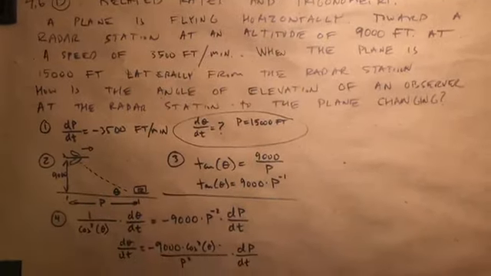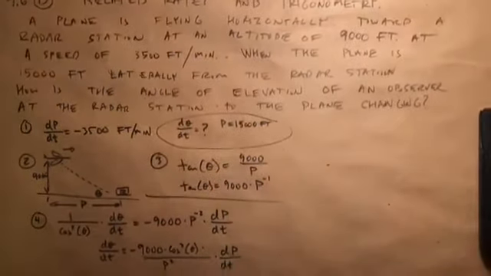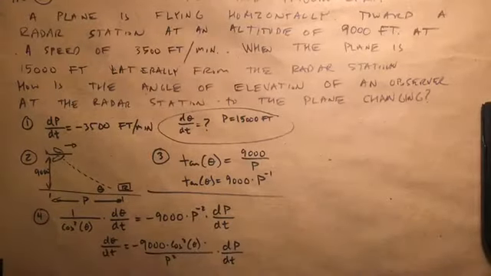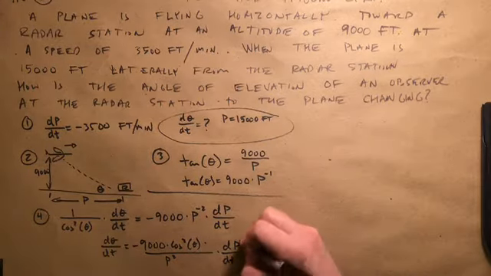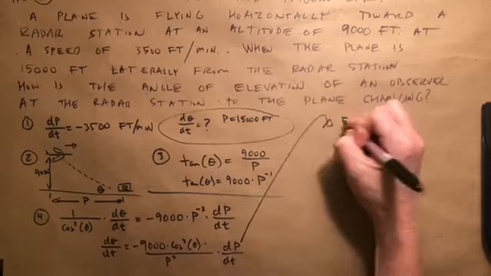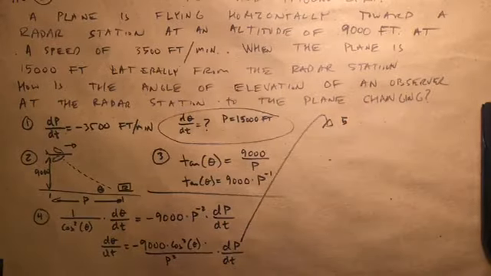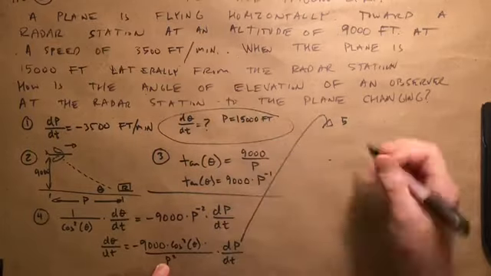And the dream is now to begin plugging in and seeing what we have. So what values can I use here? Well, we certainly have p equals 15,000.